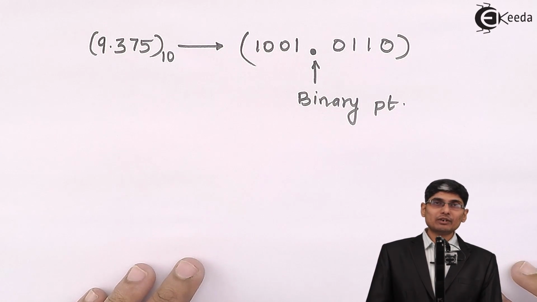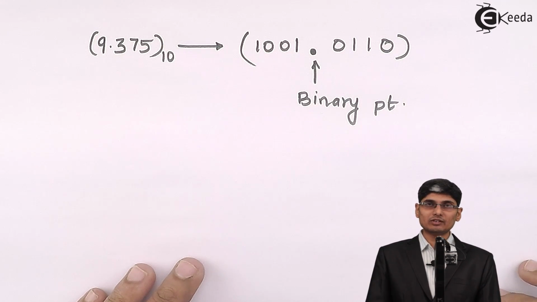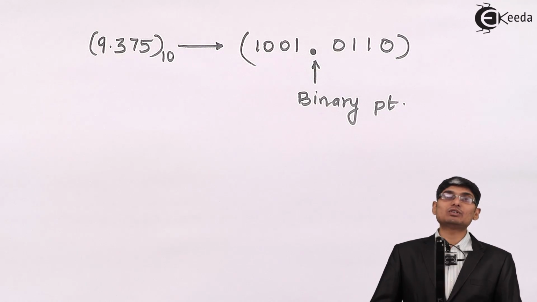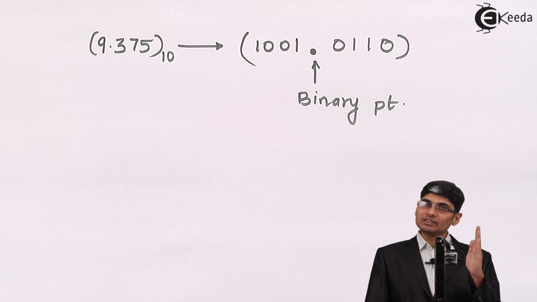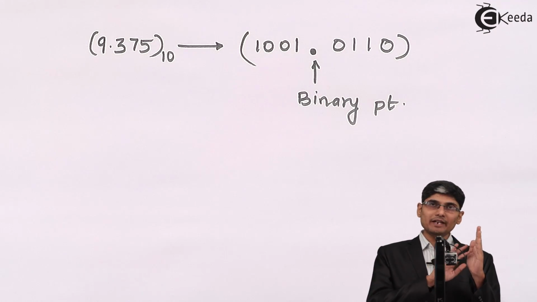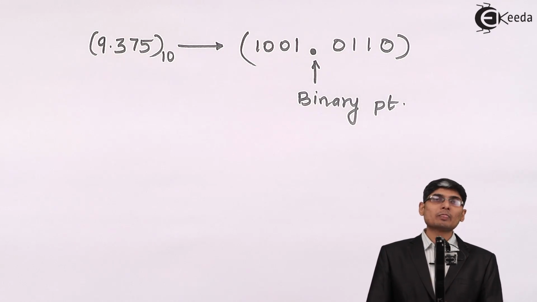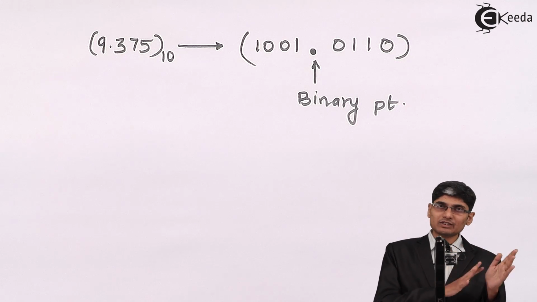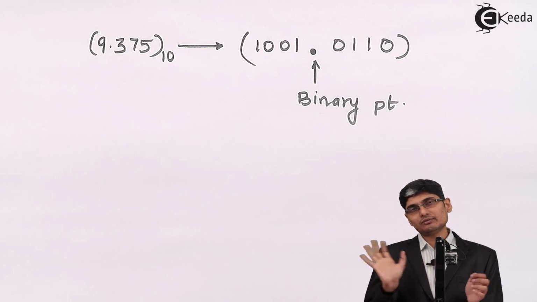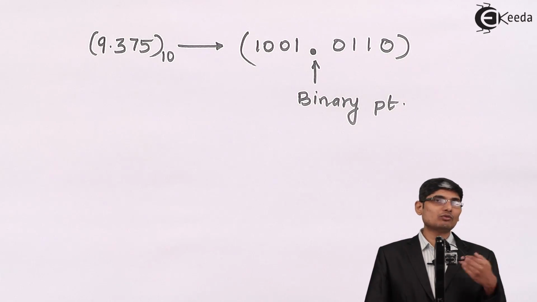If the computer systems or the registers inside a DSP processor work with a fixed position of this point, for example, I keep my first digit as an integer part and all the rest of the digits as a fraction, or the first two digits as my integer part and the rest of them as fractions, and so on and so forth.